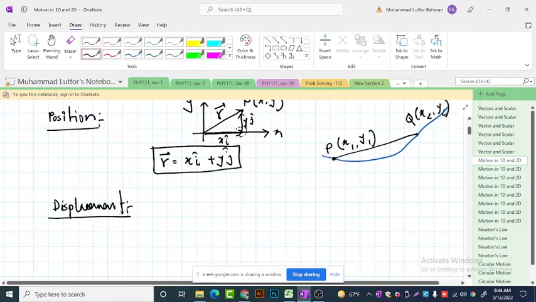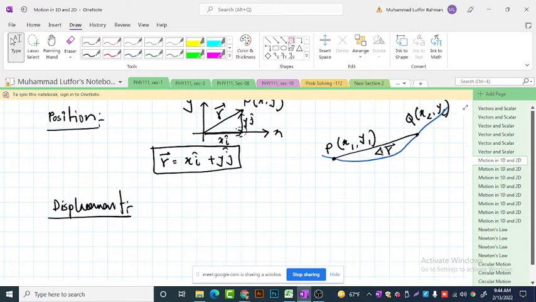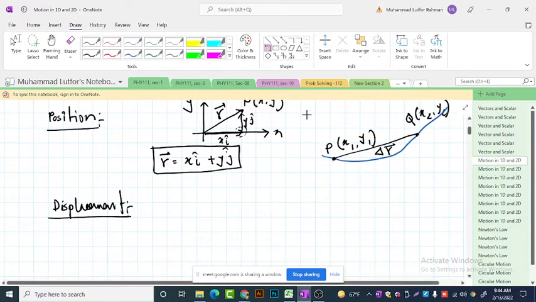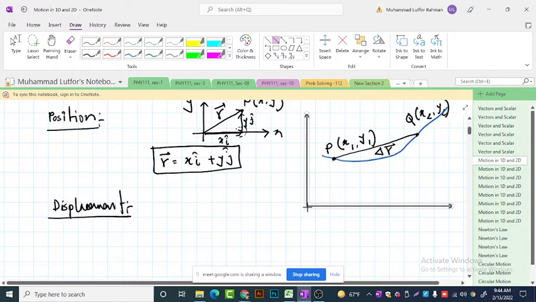Remember, displacement is a vector, and that vector I can write as del r. Say this is del r. Now I'm going to find it out. If I draw an axis here, say this is my reference point, a Cartesian coordinate system, I express point P by a position vector and Q by another position vector.